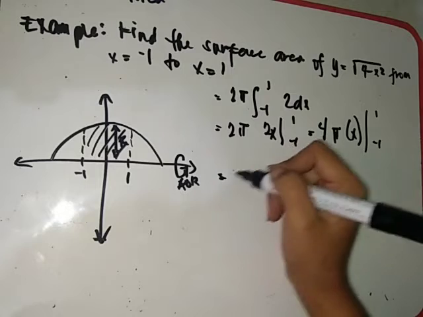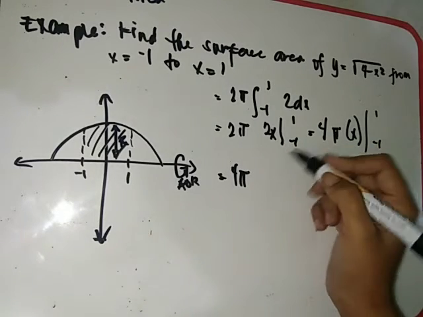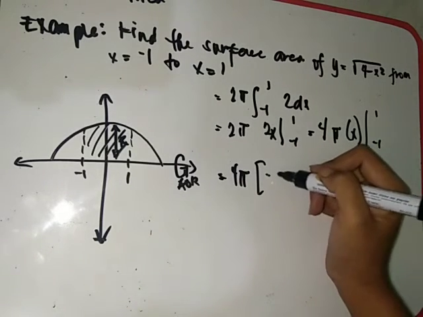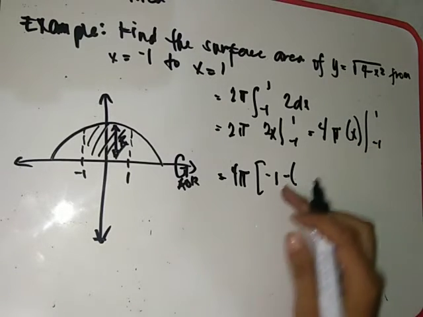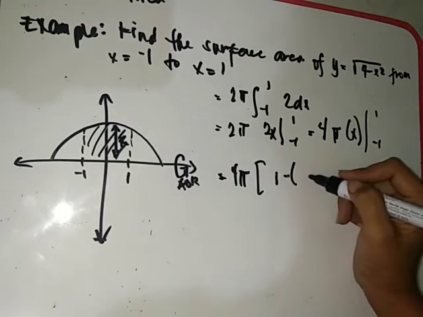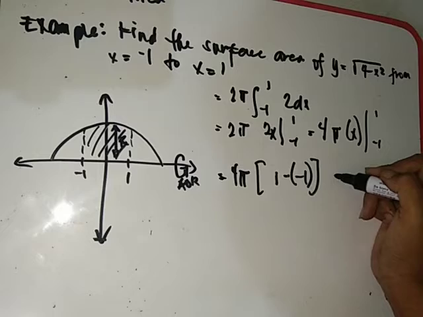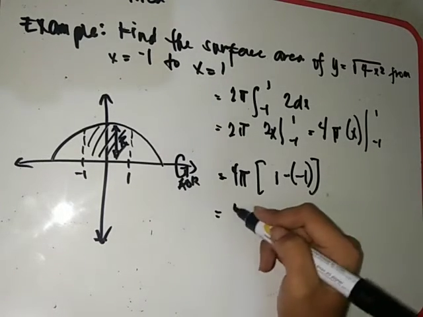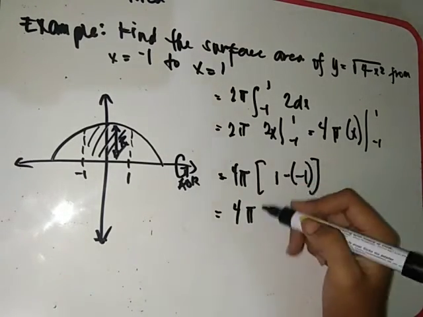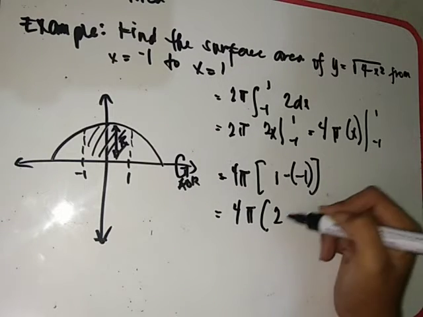So we have 4 pi, positive 1 minus negative 1 is equal to 4 pi, that is 2.